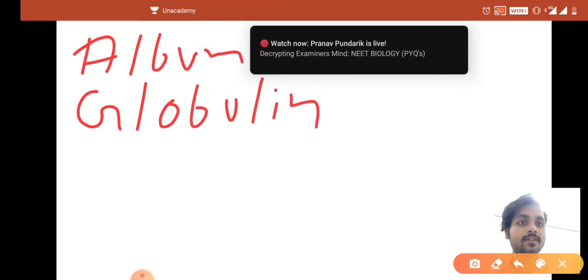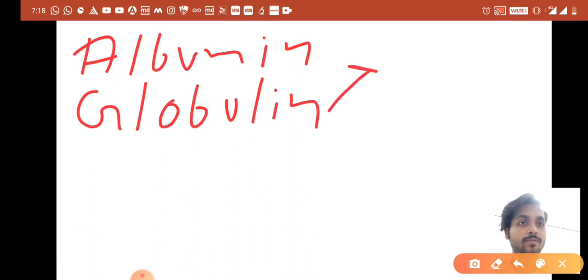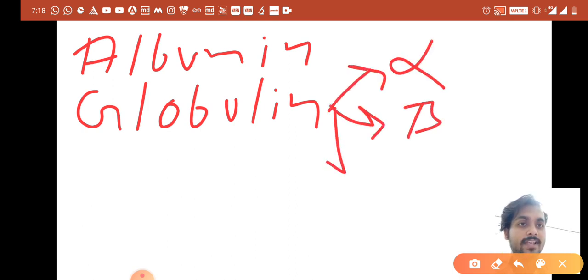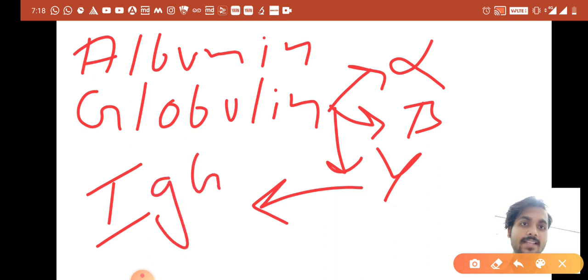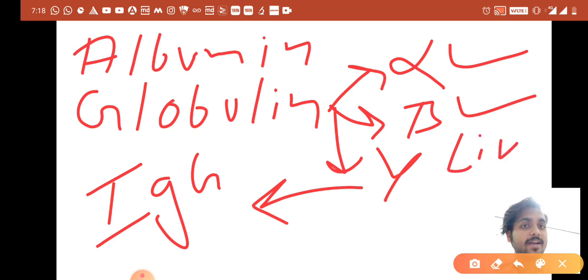It is of three types: globulin alpha, globulin beta and globulin gamma. In gamma we see all the antibodies, IgG, IgM, these all. So alpha and beta are synthesized by liver, and gamma is synthesized by lymphoid organs.